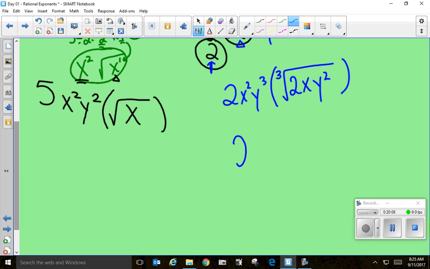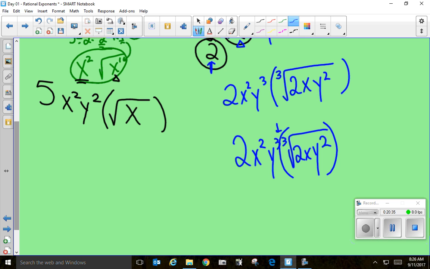If I write this, 2x squared y cubed, cube root of 2xy squared, is that y to the 33rd? Is that the 33rd root, or is that y cubed times the cube root? Or is it y cubed to the 3rd power? I don't know what that is. But if I do this, I know exactly what it is. There's no argument. Okay?